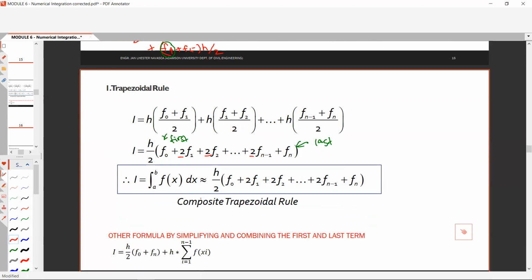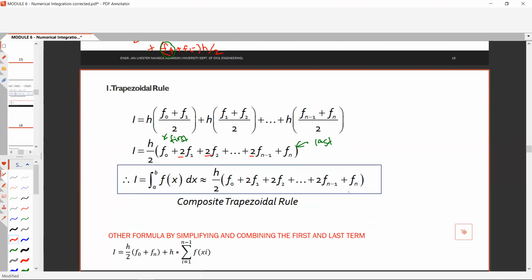So in general, the formula for the definite integral of f of x dx from a to b is approximately h over 2 multiplied by f sub 0 plus 2 f sub 1 plus 2 f sub 2, up to 2 f sub n minus 1, plus f sub n.